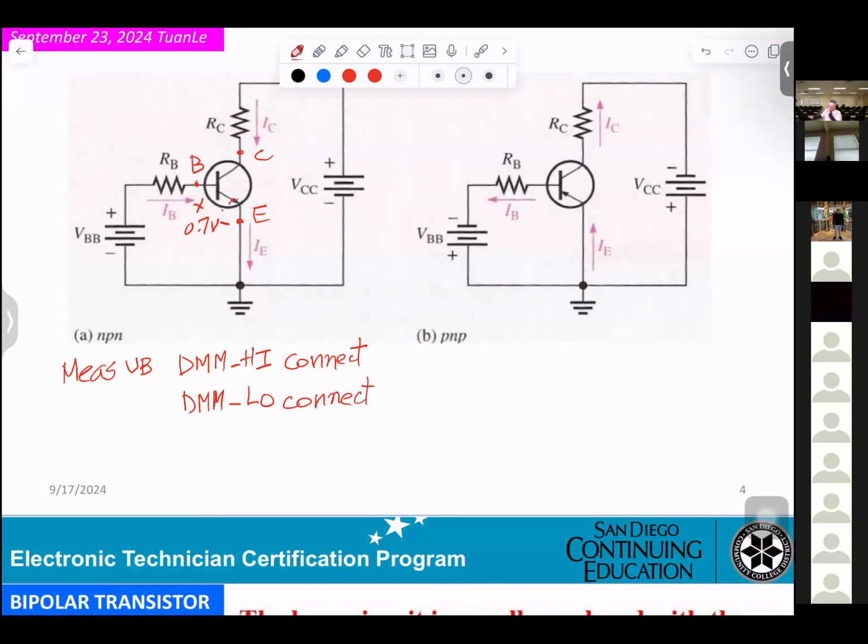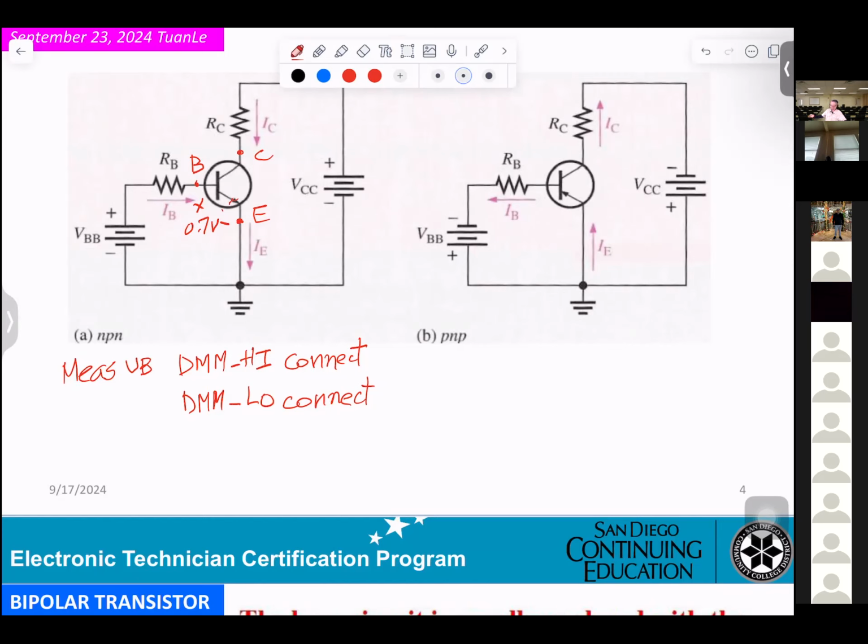DMM high connects to where? The base. If you still want to keep moving, you have to tell me.